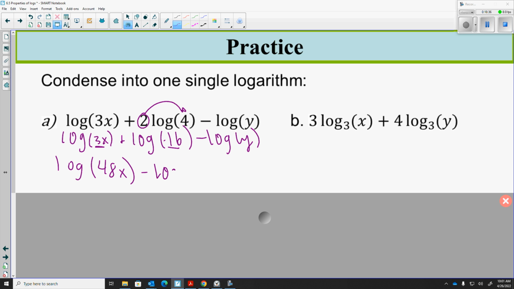So how do I finish it out? Division, because subtraction is division, right? So how are you going to write the final thing? 1 log. It's log of what? 48x divided by y. And that's it.